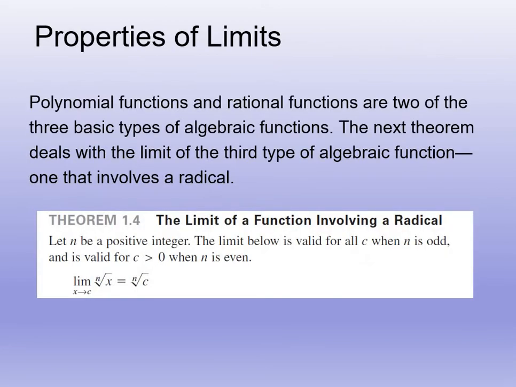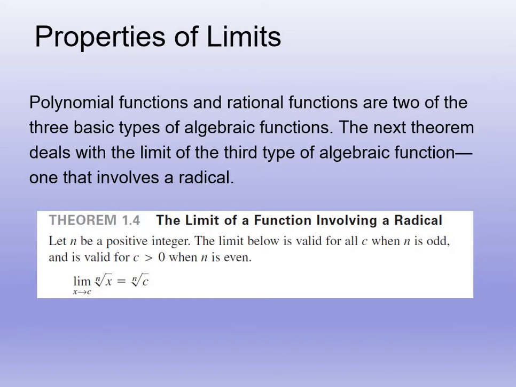Another, theorem 1.4. If we have a radical function, we're going to take the same approach. We can use direct substitution as long as c is greater than 0 when n is even. Very, very important.